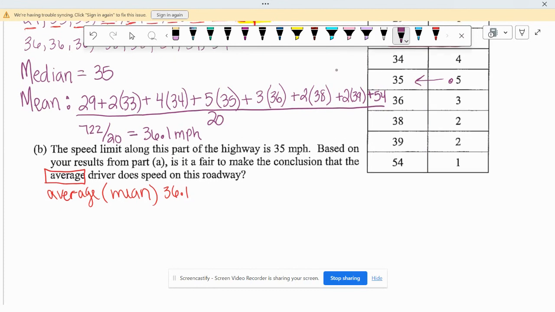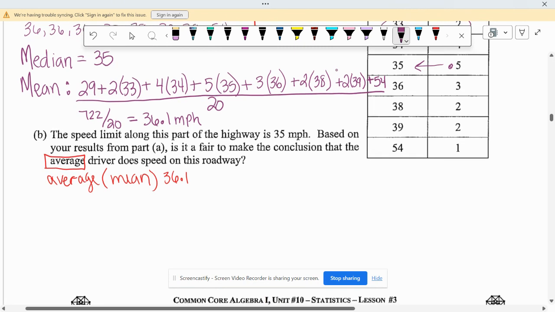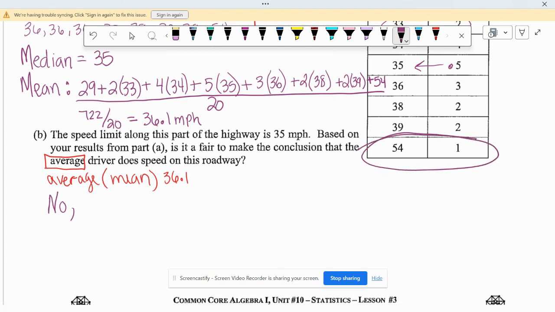Okay, so valid points. But the answer is really no. And here's why. What do you see right here? One car was traveling what?